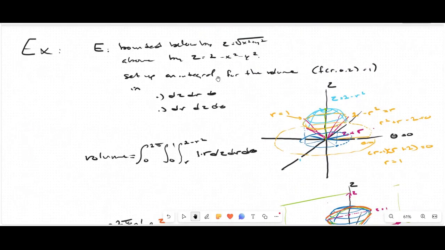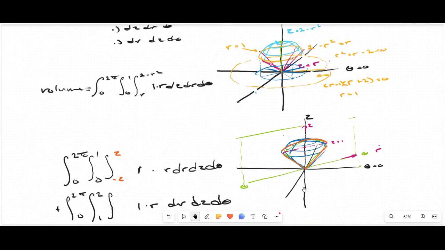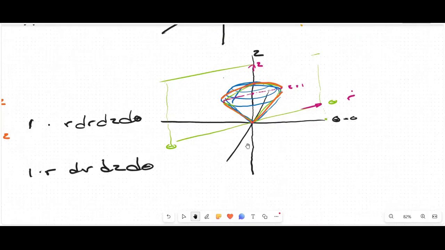Keep in mind that was a paraboloid, z equals 2 minus r squared. So r is a function of z. Just do this real quick on the side. Z equals 2 minus r squared, so r squared equals 2 minus z, and r equals plus or minus the square root of 2 minus z.